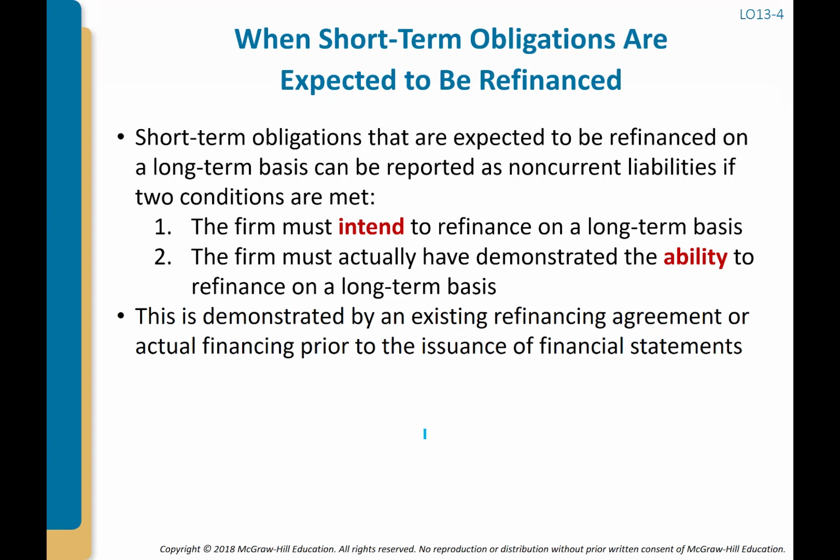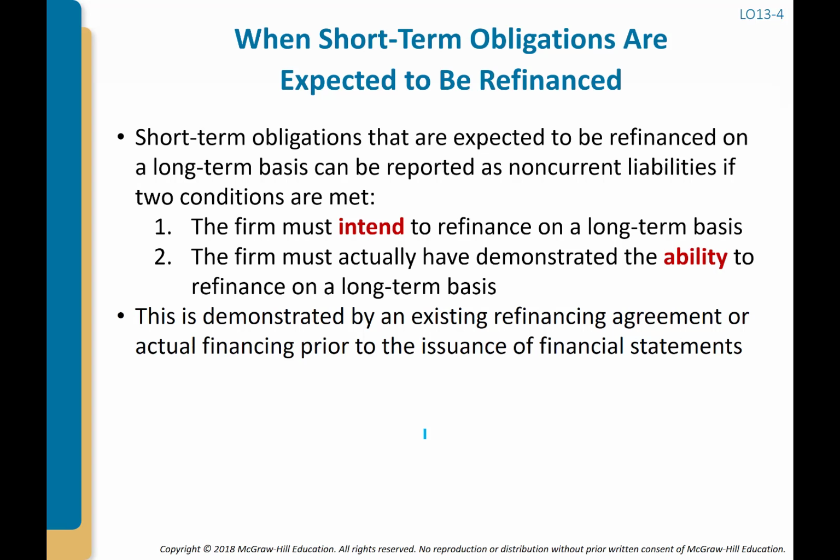And what they're saying to us here is, even if they haven't refinanced the debt at year end, if they are able to refinance it before we issue the statements, they will let us classify that as non-current, even though at year end we hadn't actually refinanced it yet. Now, somebody asked about IFRS earlier, and this is an area where there is a significant difference between IFRS and US GAAP.